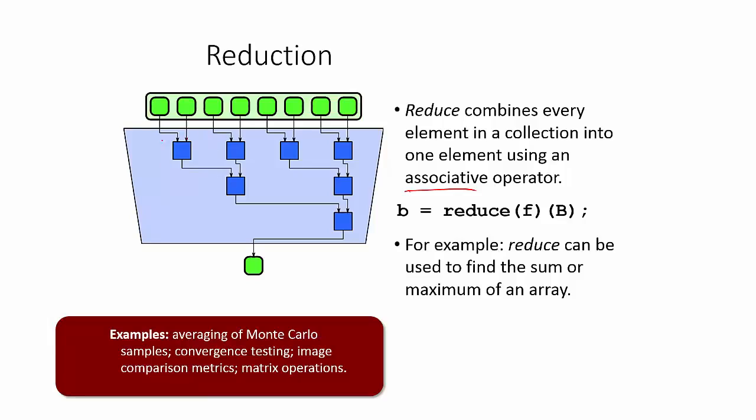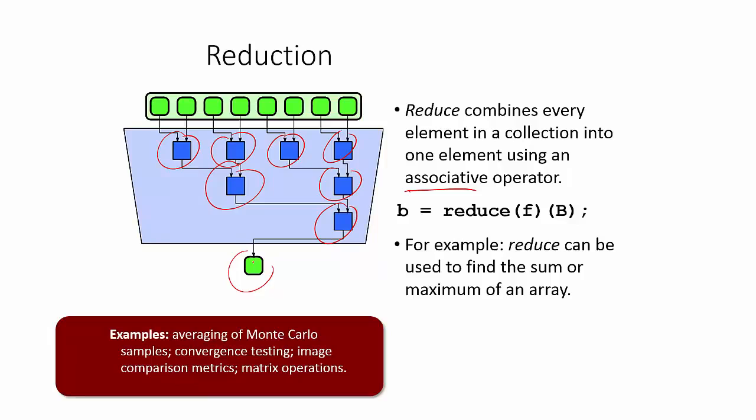You reduce two elements at a time with the function, and then of the 8 elements, you now have 4 partial reduction elements. You can combine them, and now we have 2, and you can combine them to the final result. And this is also a very common kind of operation.